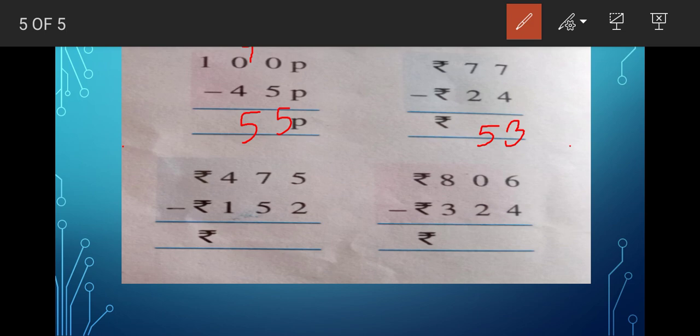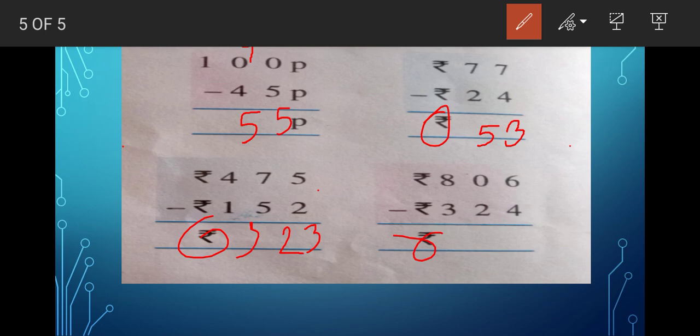If in your question paper the rupee symbol is not written, then you have to write this symbol in the answer. Okay, now 7 minus 5 is 2, 5 minus 2 is 3, then 7 minus 5 is 2, then 4 minus 1 will be 3. So the answer is 323.